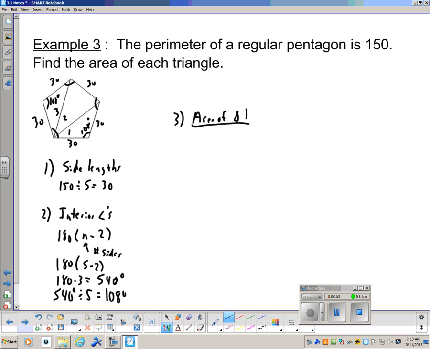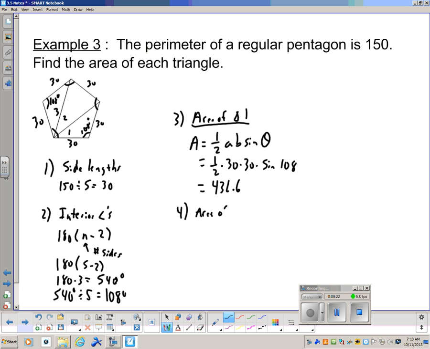Since I'm given the 2 sides and included angle, I'm going to use my area trig formula, 1/2 ab sine theta. So 1/2 times 30 times 30 times the sine of 108. And when I do that, I end up with 436.6. And that's also the area of triangle 3.